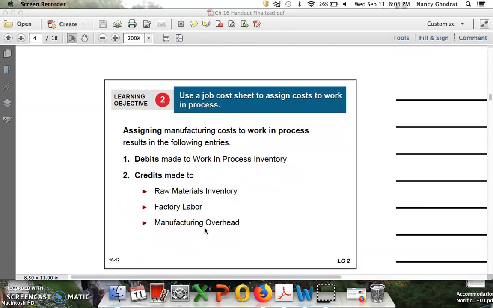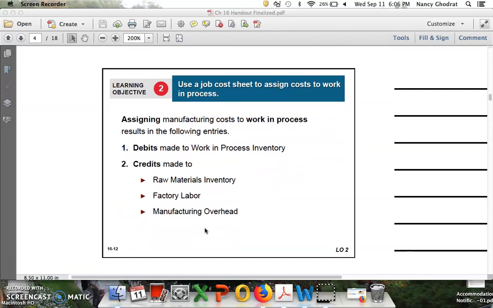So after accumulating all these costs in their own accounts, raw materials, factory labor, and manufacturing overhead, now we're going to move the cost from raw materials, factory labor, and manufacturing overhead into work in process. Why?